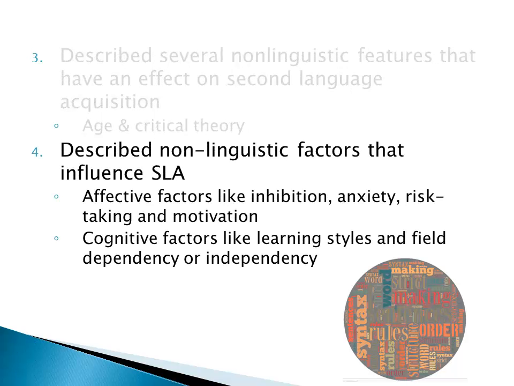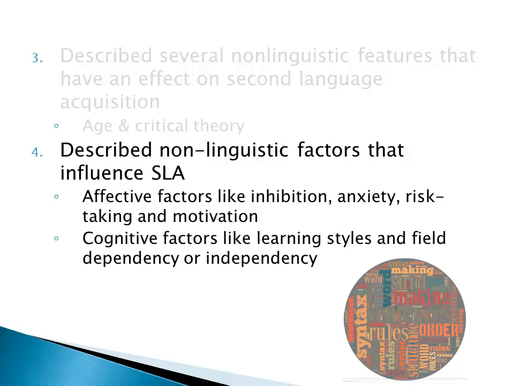Affective factors have to do with the learner's degree of inhibition, anxiety, risk-taking, and motivation when learning a second language. Cognitive factors include 2 major types of cognitive styles: field-dependent and field-independent. Field-dependent learners are better at synthesizing their knowledge, while field-independent learners are better at grammatical analysis.